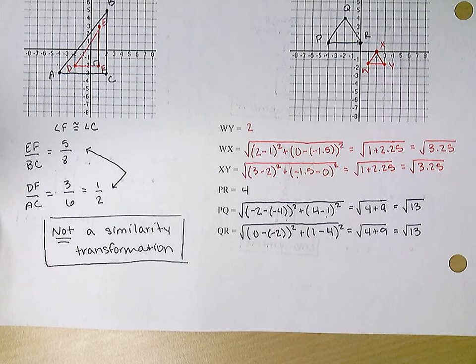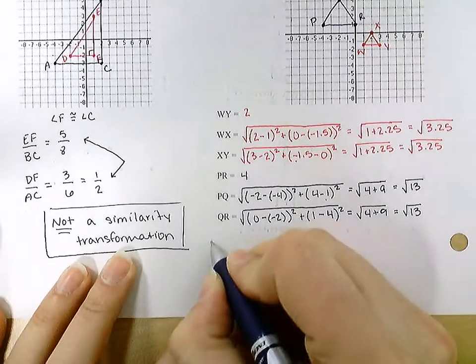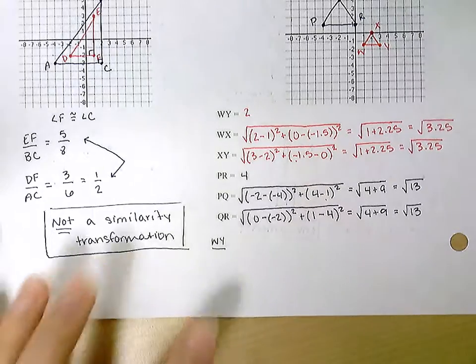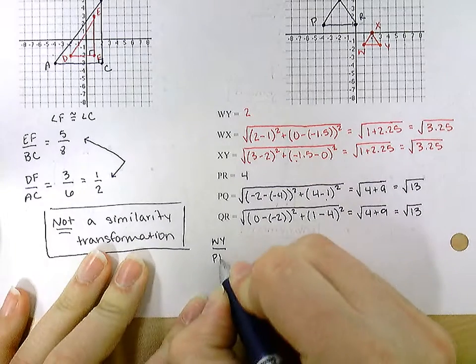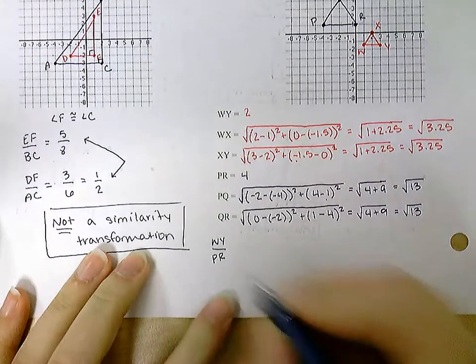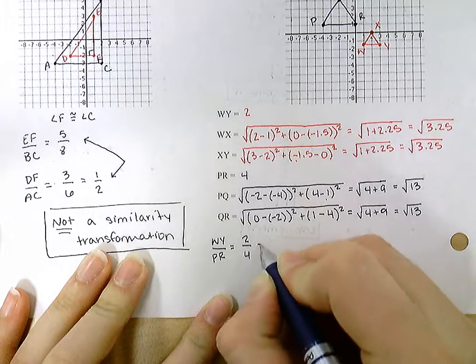So now I need to set up my ratios of all 3 sides. So that would be WY over what? Which side is similar to WY? PR. So WY is 2 over PR is 4.